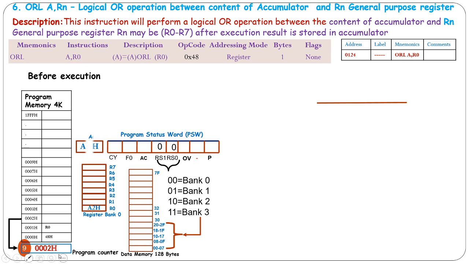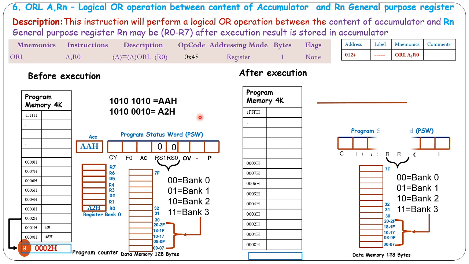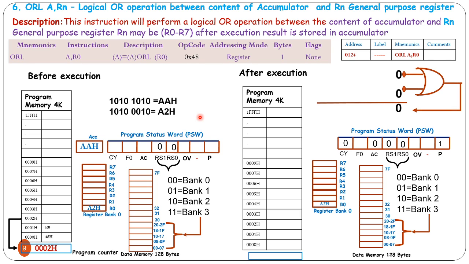The content of accumulator is AH and the content of R0 register is A2H. So these two get logically ORed. The content of accumulator AH and content of R0 register, that is A2H. So after execution, the content of accumulator changes.